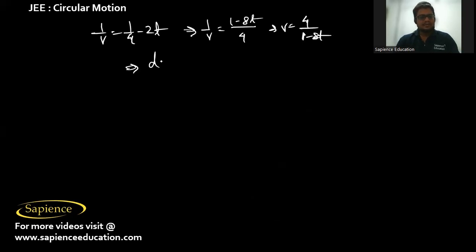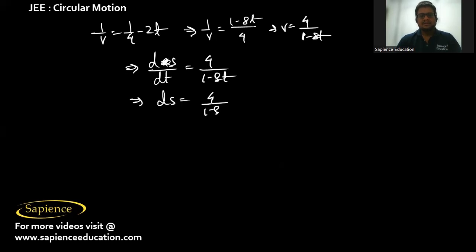So v again will be ds by dt, which we can say is equal to 4 by 1 minus 8t. Then ds will be equal to 4 by 1 minus 8t into dt. Then we have to integrate both sides, from 0 to t and from 0 to s.